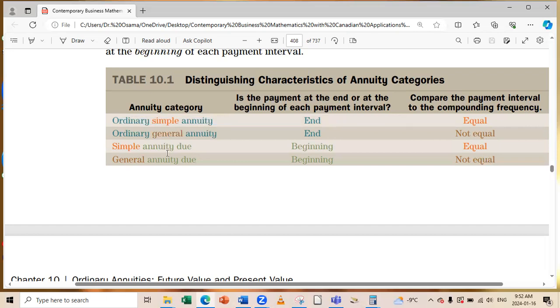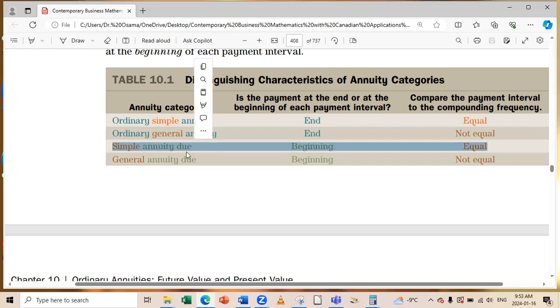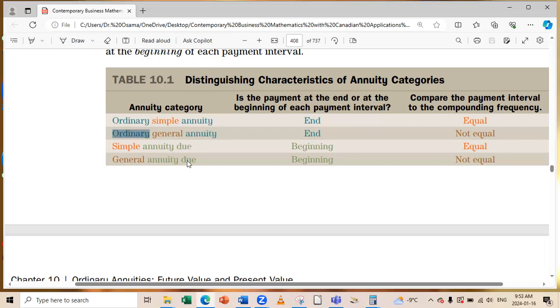But if I tell you, Sam deposited $100 at the beginning or at the start of each month, that means it's a due. So ordinary means at the end of the period, and due means the deposit is at the start or the beginning of the period. And of course, the word simple means it's similar, and the word general means it is not similar.